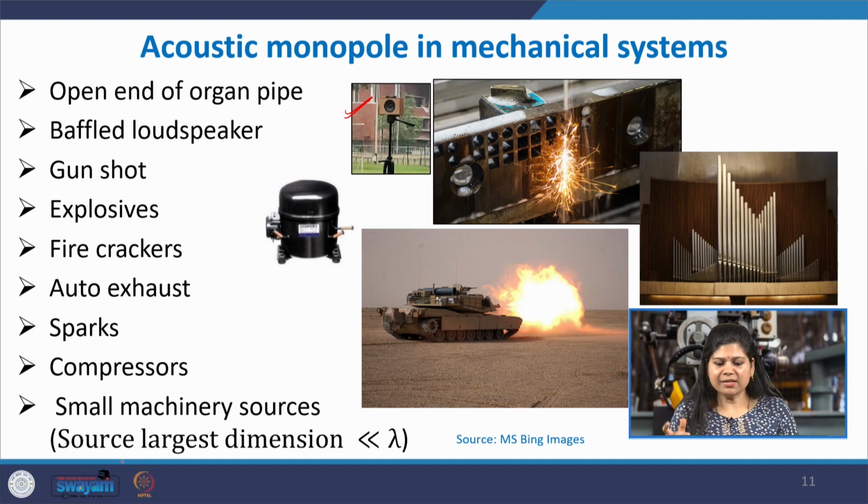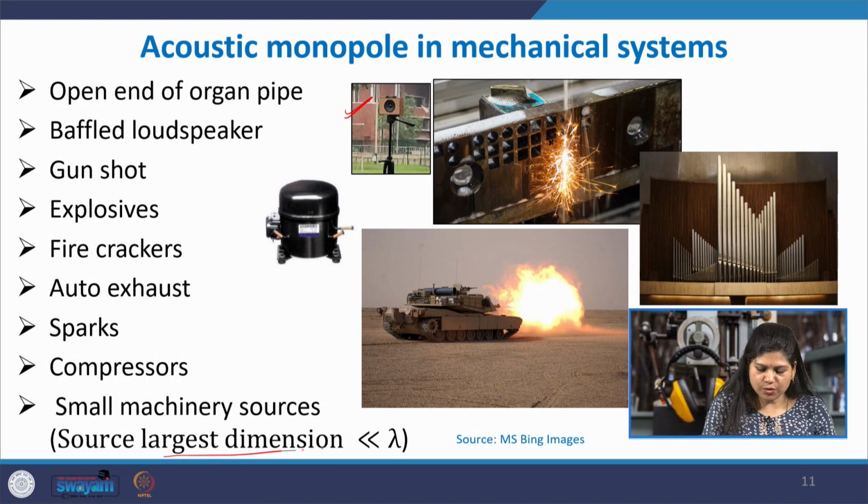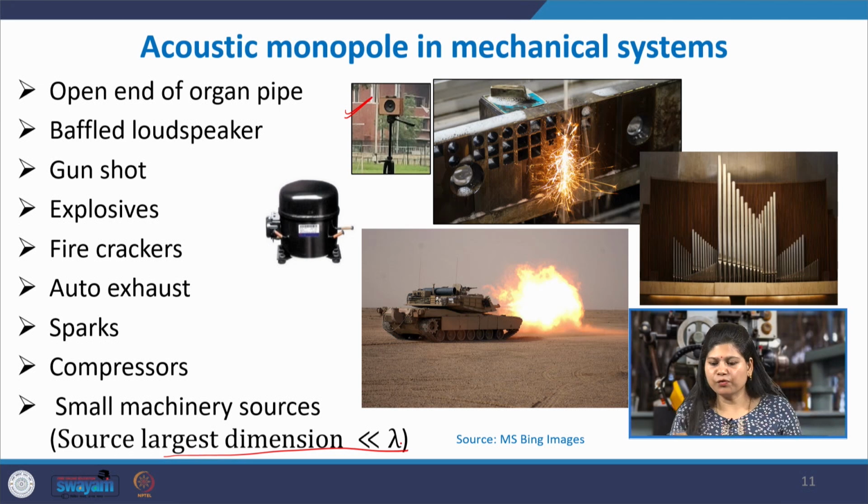Then we have things like gunshots, sparks, then the exhaust coming out from the tailpipe at the very end when it encounters the infinite baffle of the atmosphere, the small compressors, then other such small machinery sources, even the open end of an organ pipe. Whenever you have a long pipe, the sound inside can have any kind of waveform.